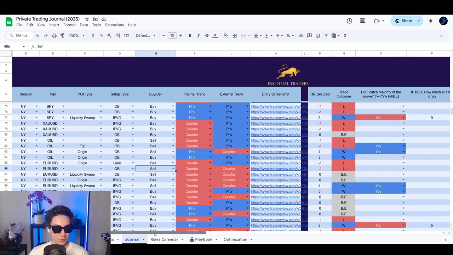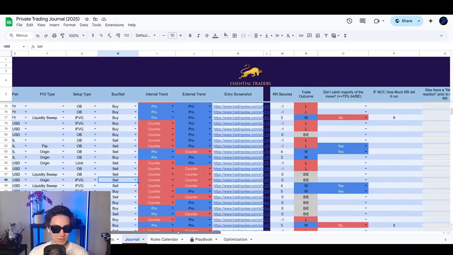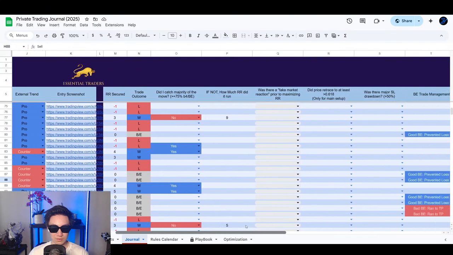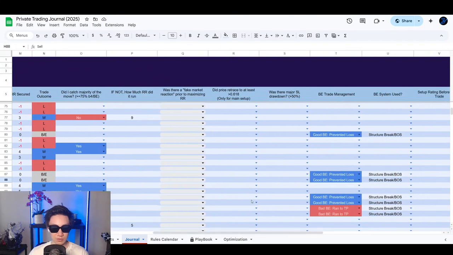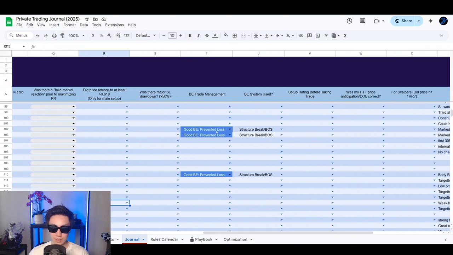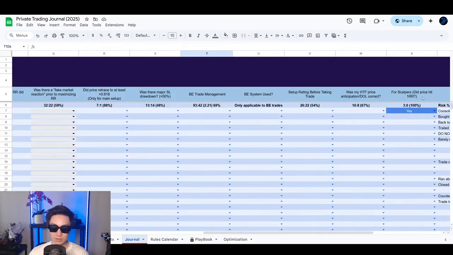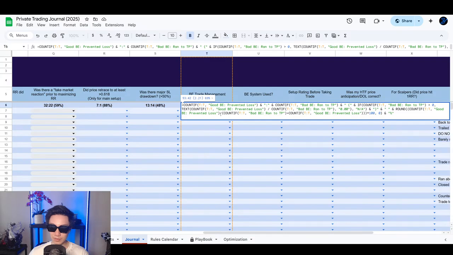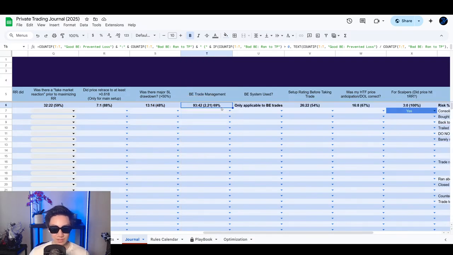If we want to look at what I pre-existing have without spending too much time on stream today, we can also look at, let's see, what else could you look through? I don't think you can really do much with this here. Break even trade management: I already have this filtered here, so you don't even need to put it in the optimization section, but it just counts the number of trades that actually go to break even.